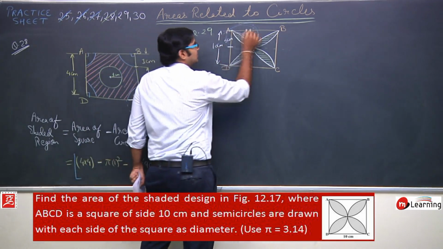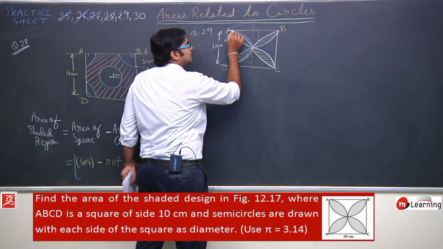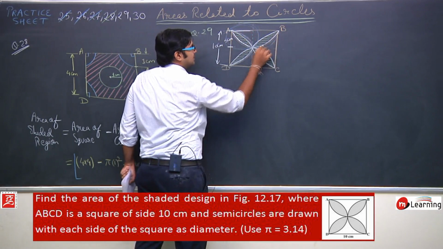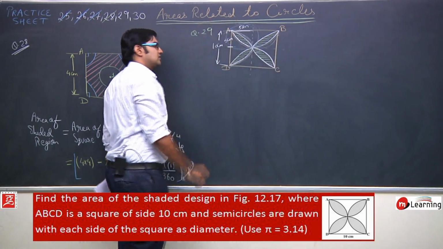Then what about this AB? This AB is also 10 centimeters. Then what about the radius of this semicircle? The radius of this semicircle will also be 5 centimeters.